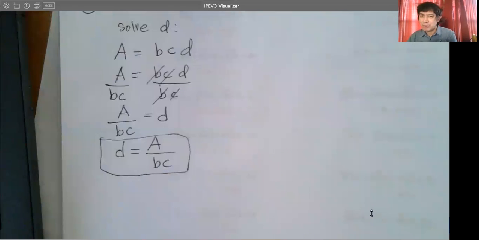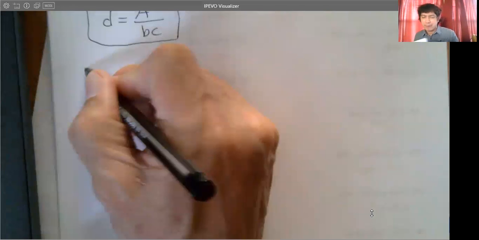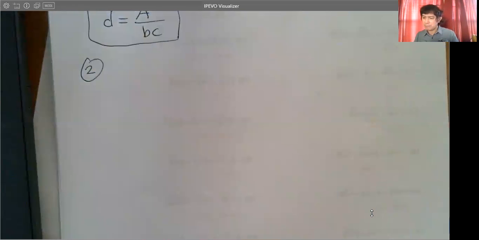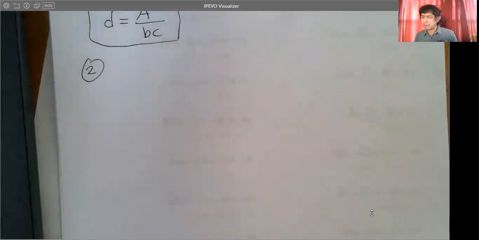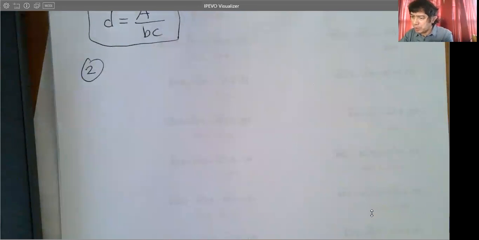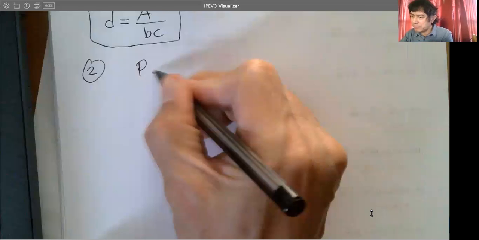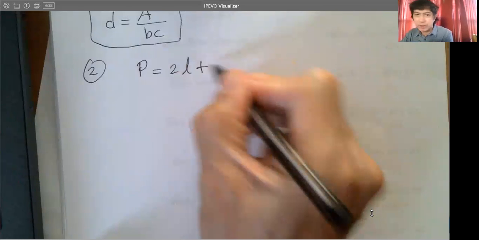Let's use another equation. We'll call this the second number. Let's say we have the formula for the perimeter of a rectangle: P is equal to 2 times length plus 2 times the width.